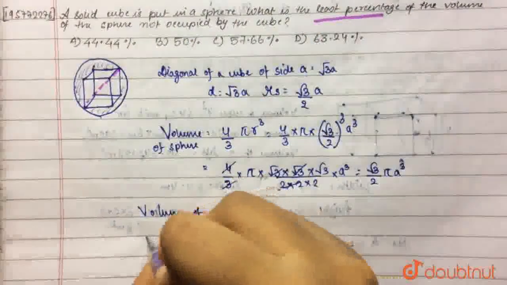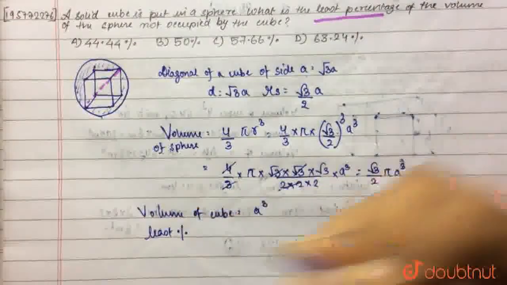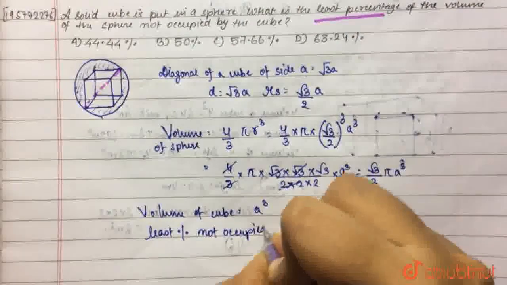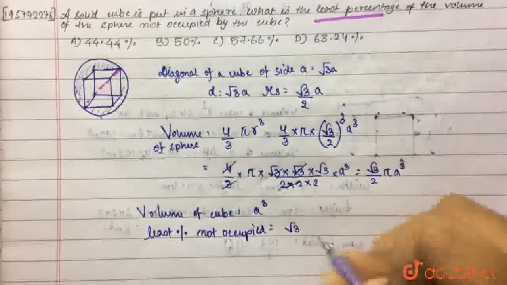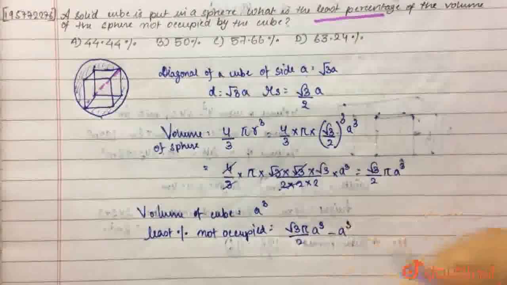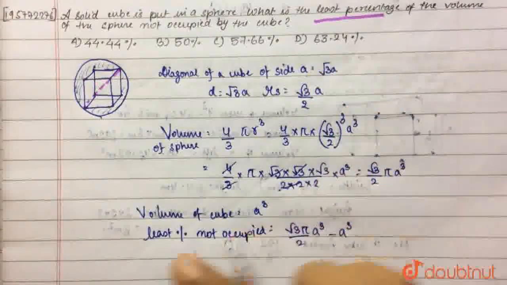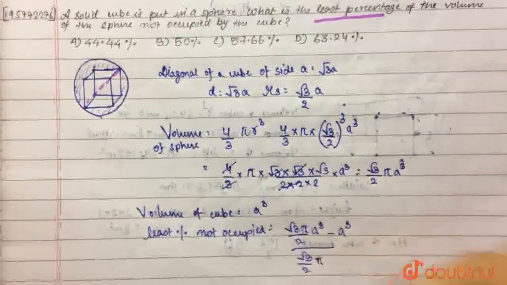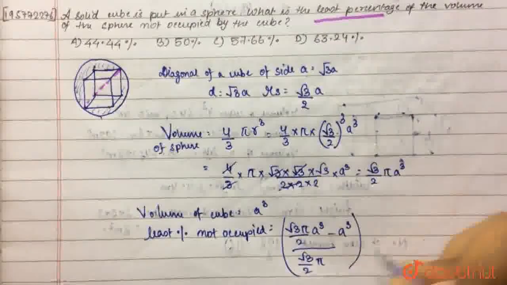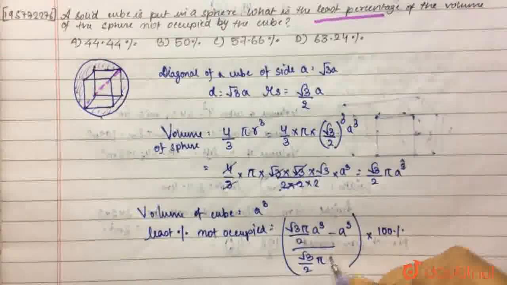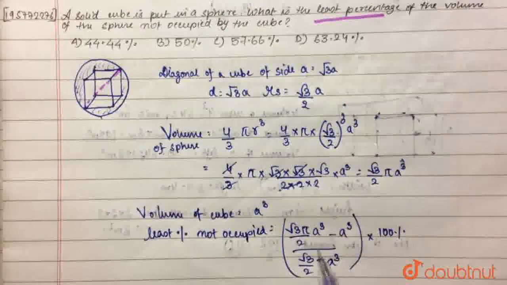So the least percentage not occupied will be root 3 pi by 2 a cube minus a cube, that is the volume that is not occupied, and for the percentage we simply divide it by root 3 by 2 pi a cube, and we multiply this whole by 100%, okay?